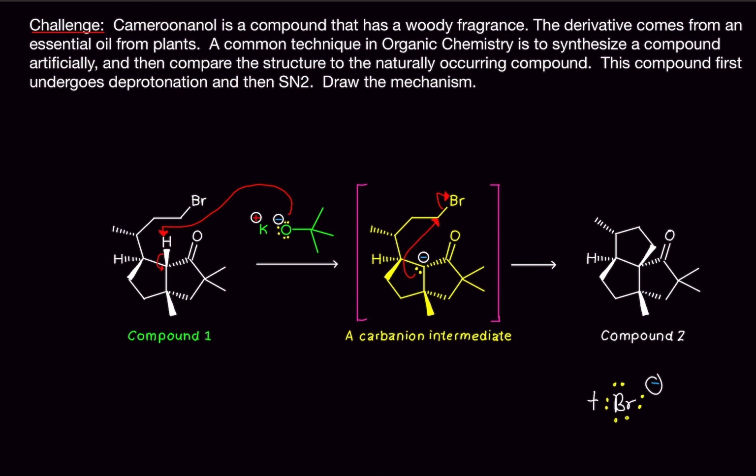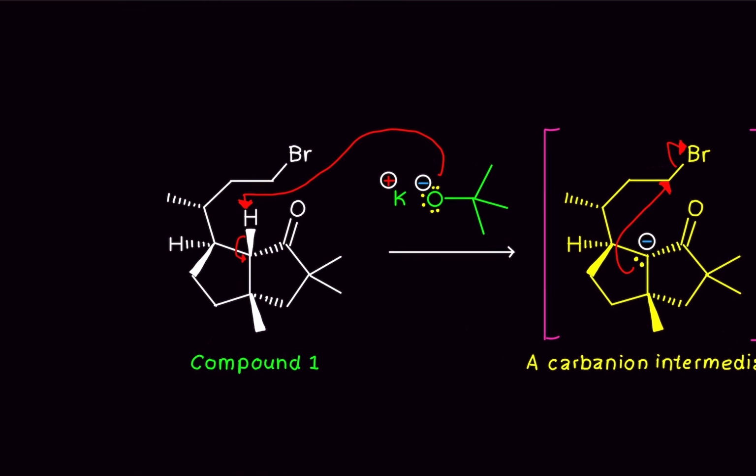Now you're probably wondering, why is this not an Sn1? We talked about a carbocation intermediate, and it says carbocation. But why is this not an Sn1? The reason it's not an Sn1 is because this right here is a proton transfer.